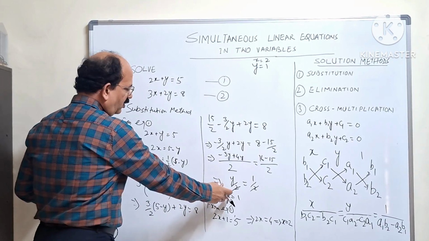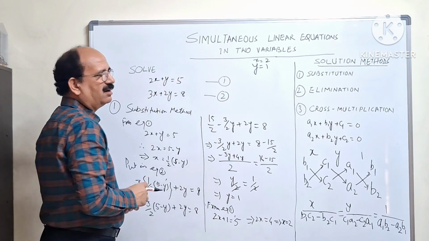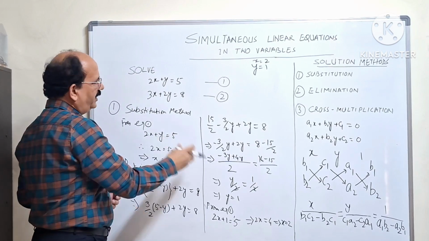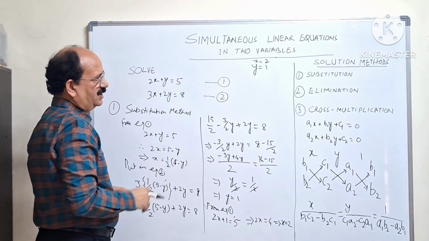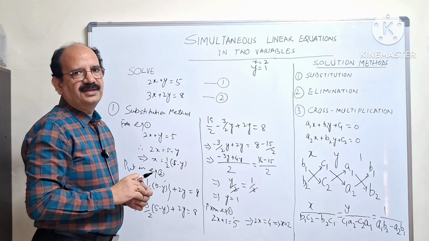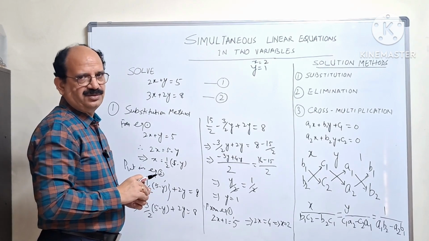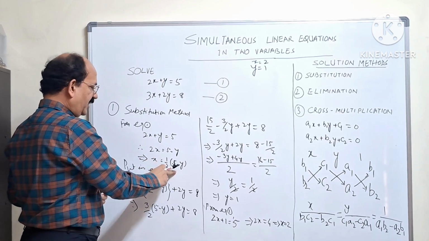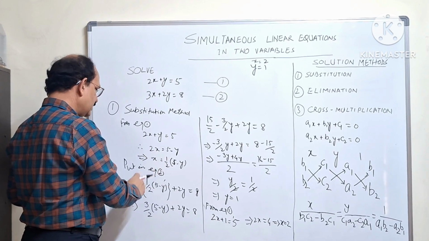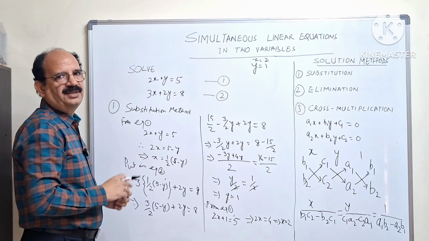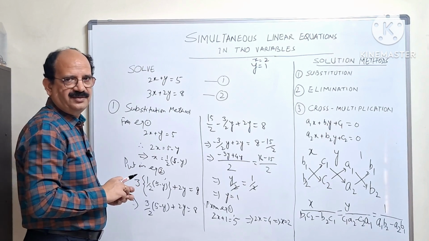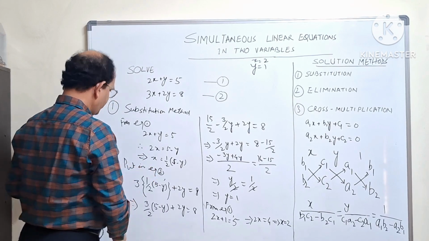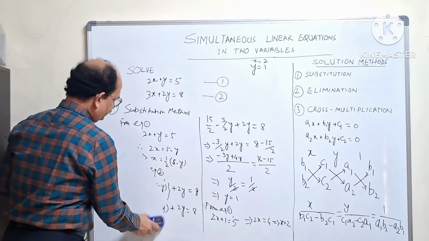Once you have got y equal to 1, then you just put back in any of these equations, not necessarily in equation 1, and you will be getting the value of x. So this is the method of substitution. Why substitution? Because you have converted x in terms of y and you have substituted x in another equation, and therefore it is substitution. So this is one way of solving the simultaneous equation. Let's try another way.